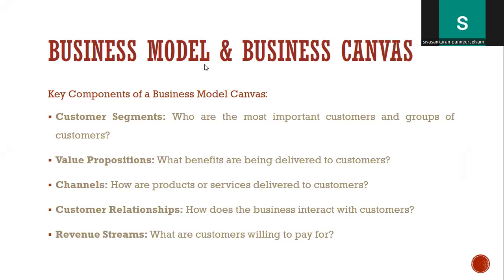What are the key components of the business model canvas? Understanding the customer segments, then fixing the value proposition for the customer, then setting up various market channels in order to deliver the products to the customer quickly, and how to develop the customer relationship in a better way, and what the possibilities of revenue streams are.